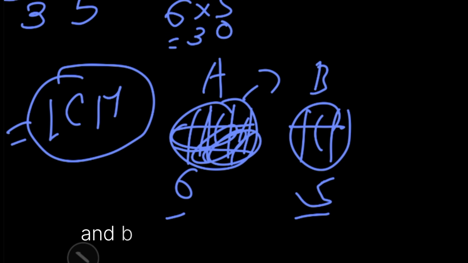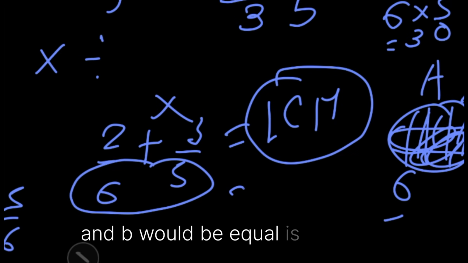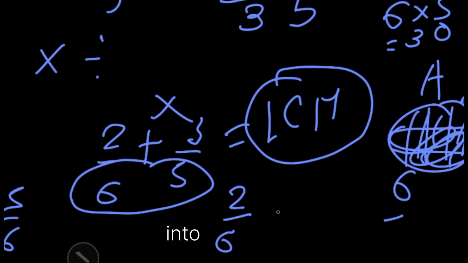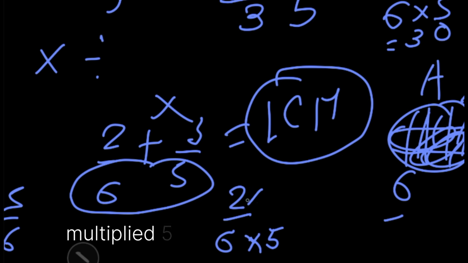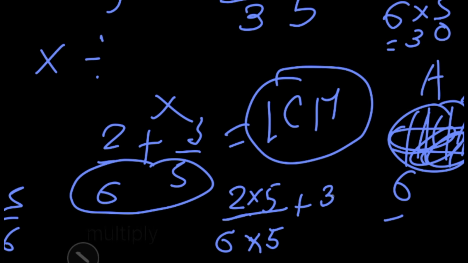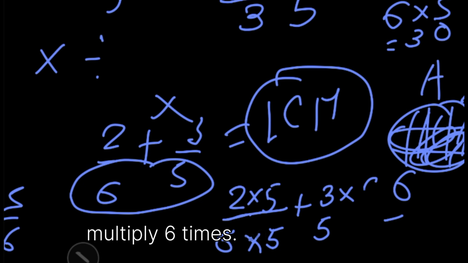So for A, to get from 6 to 30 pieces, 6 needs to be multiplied 5 times, and 5 needs to be multiplied 6 times.